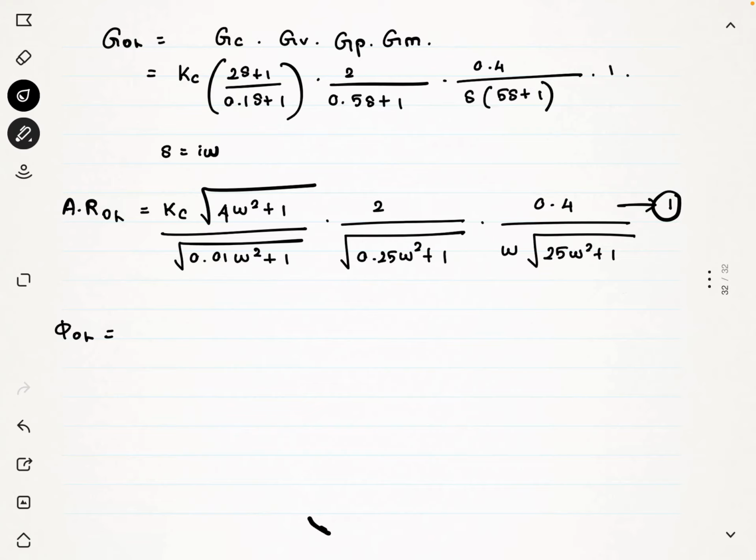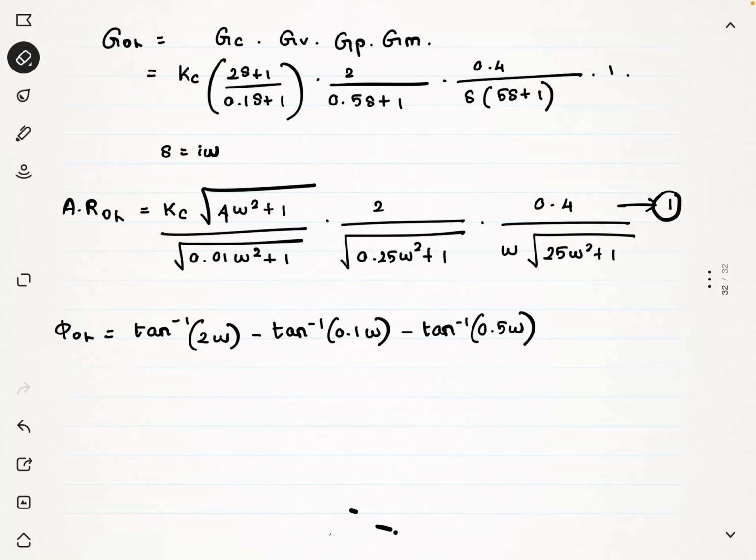So here let's start from the first term. Kc will be 0, so the argument of Kc will be 0, and then tan inverse of 2 omega, minus tan inverse of 0.1 omega, minus tan inverse of 0.5 omega.